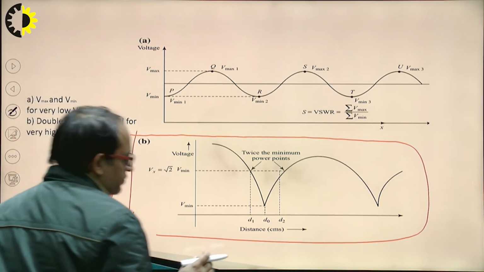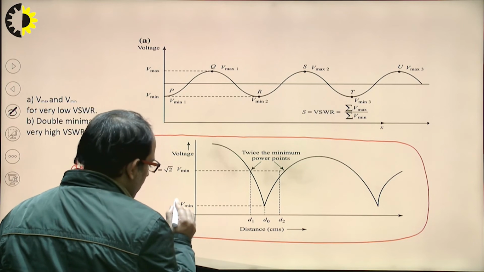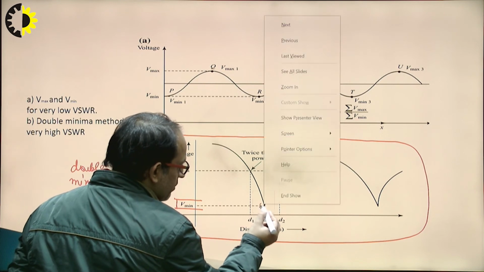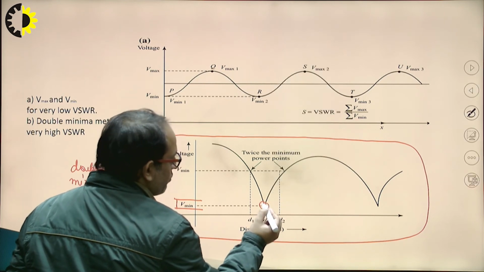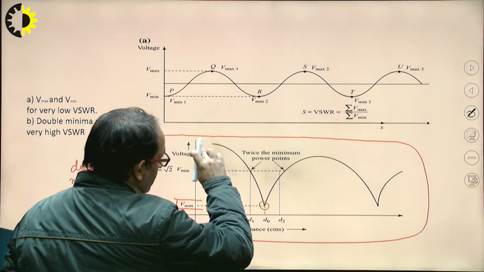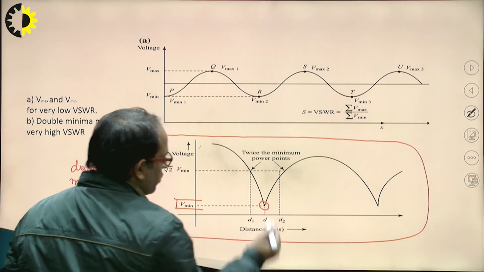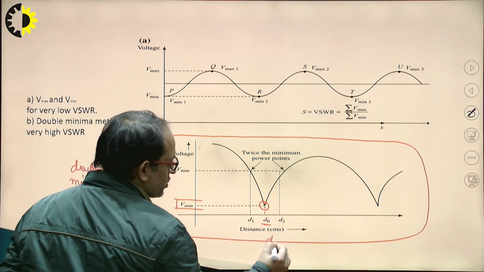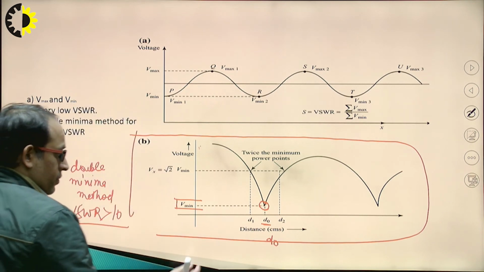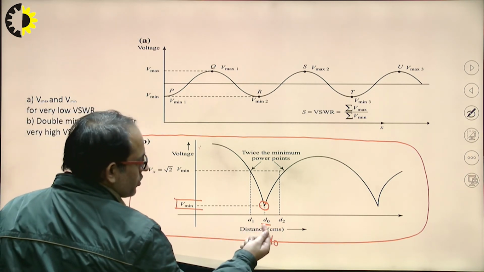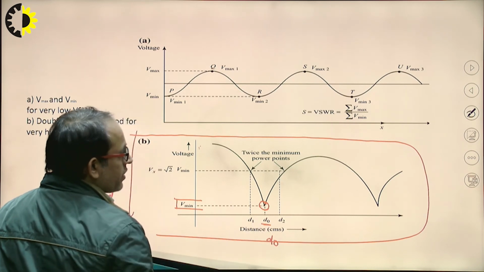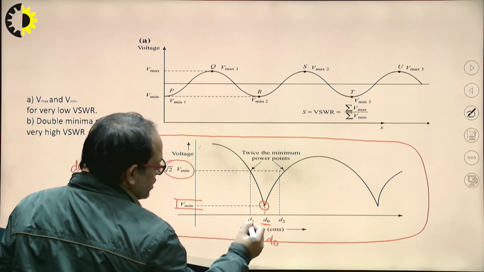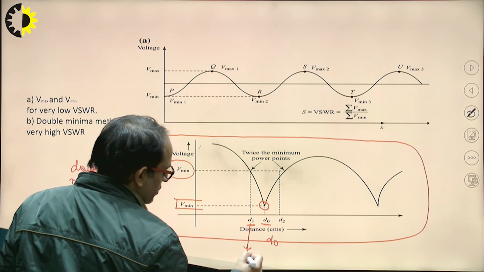Now see this one. In this, first I will move this slotted line carriage in such a way that the minimum voltage will be obtained on the CRO. Clear? That position is known as D0. Now I will move this slotted line in such a way that 1.414, root 2 of V minimum, will be obtained, and that position is known as what?